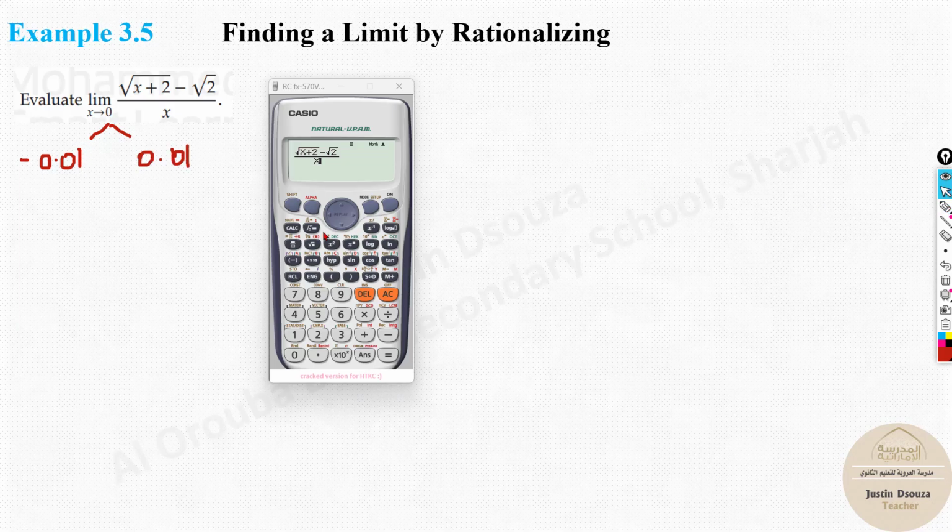And all you need to do is calculate the x value at what? At negative 0.01. What's the answer? Negative 0.3539. We got the same one that time as well. Now again calc at what? At 0.01. So you got the same answer. So the answer is that. So this is the way you can solve it.